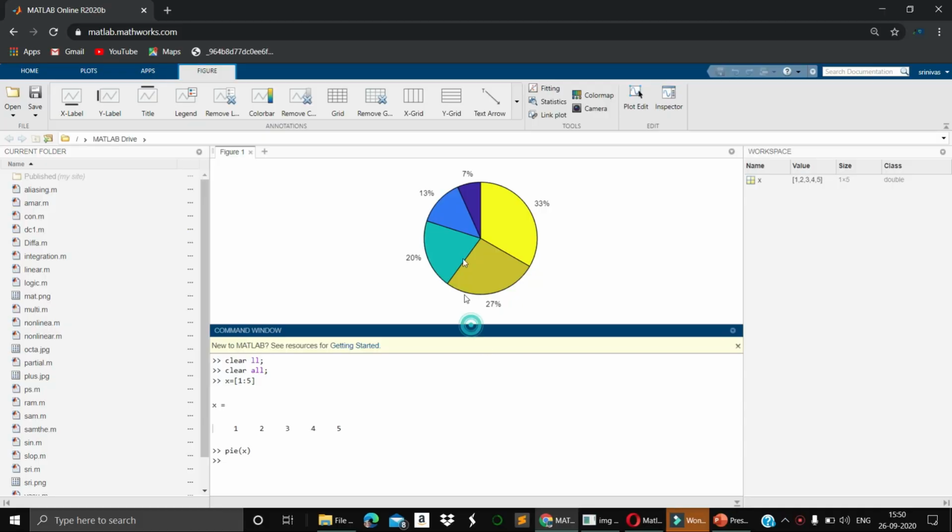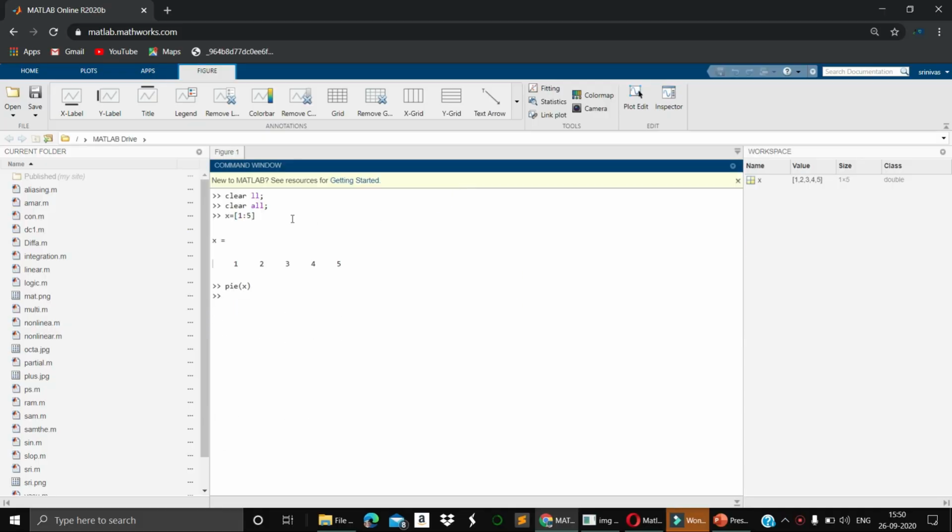Here you can clearly observe that I have used clear all and clc commands, and x I am taking as 1 to 5. So it will take 1, 2, 3, 4, 5. The total is 5 plus 4 is 9, 9 plus 3 is 12, 12 plus 2 is 14, 14 plus 1 is 15.